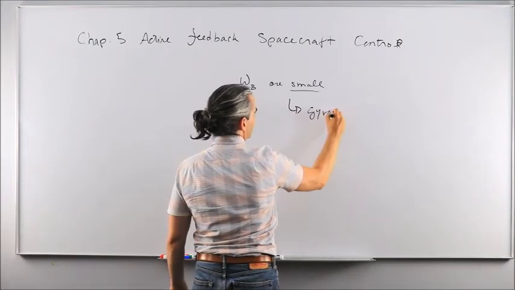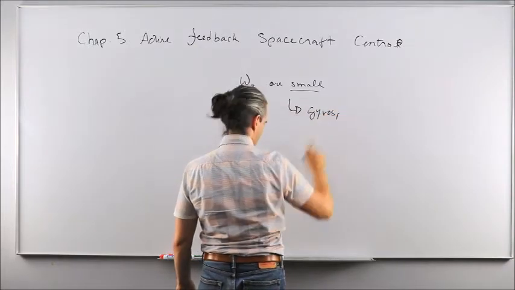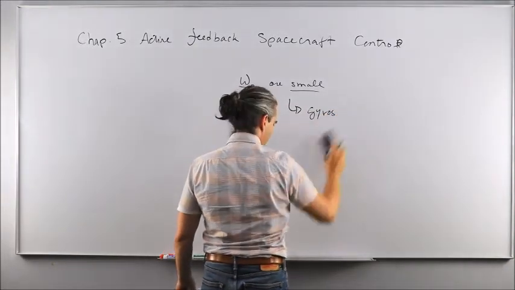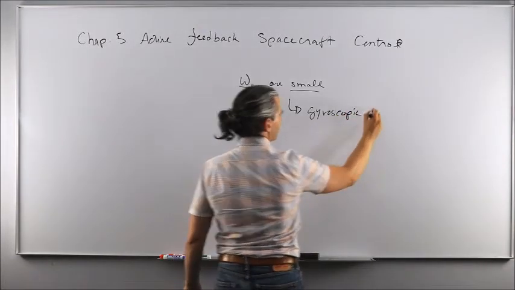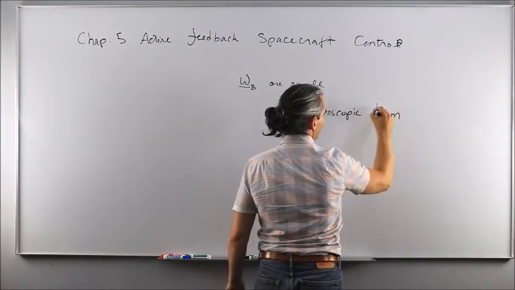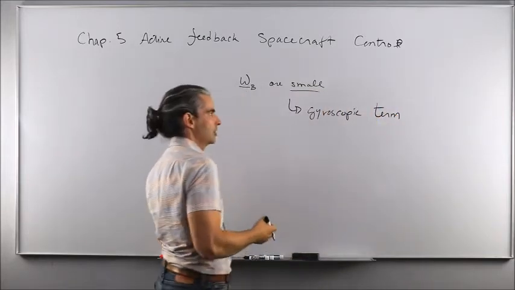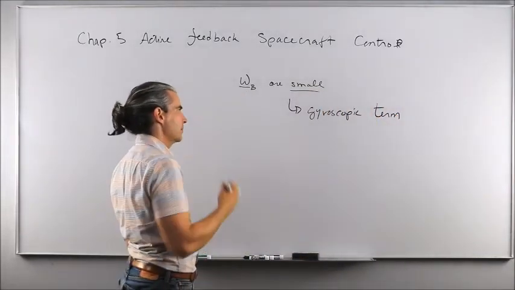The gyroscopic term, being your omega cross J omega, actually contains multiplication of angular velocities, as we've seen in the past.